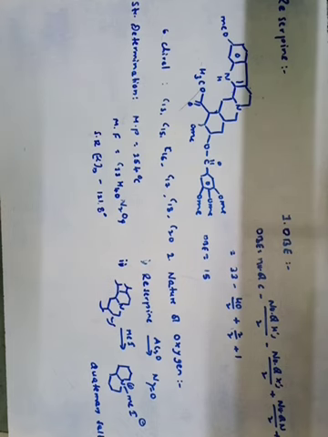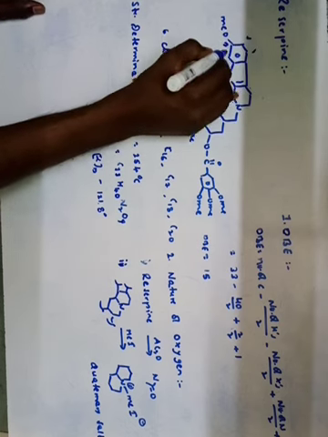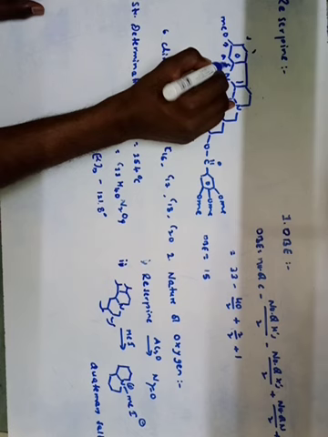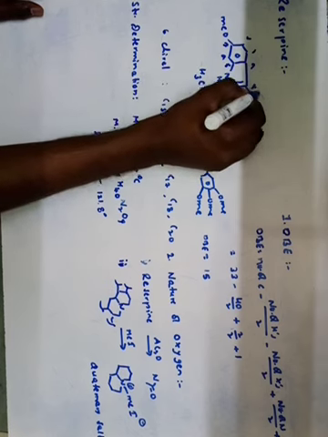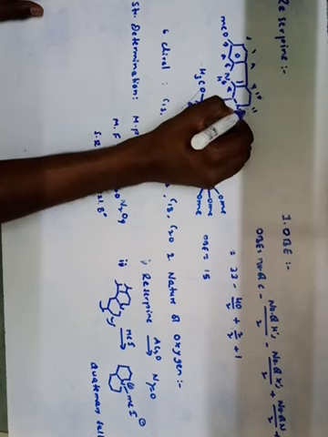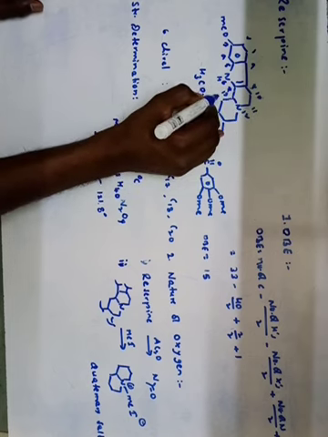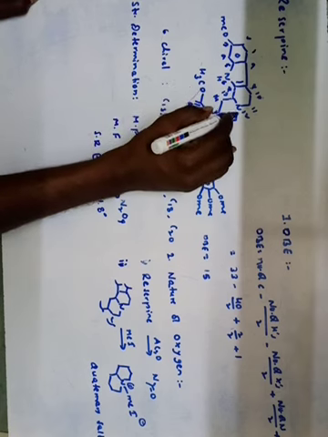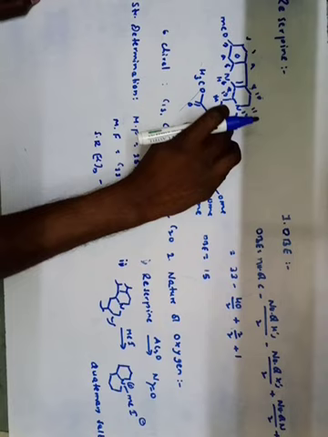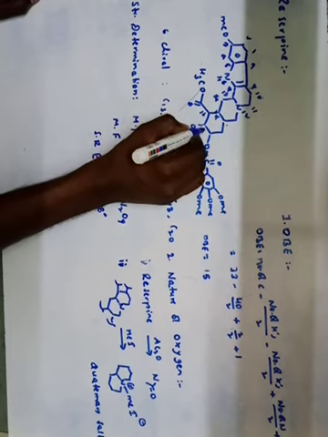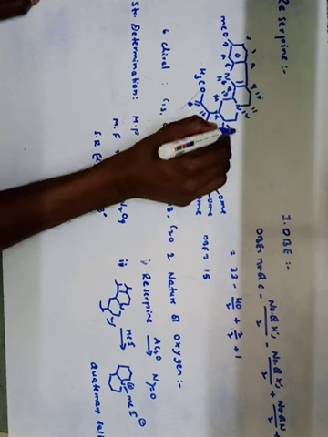See how they are. I will give the numbering like this: 1, 2, 3, 4, 5, 6, 7, 8, 9, 10, 11, 12. This carbon is 13, and here this is 14, and this 15. Here is 3, here 16, this one 17, 18, 19, 20.